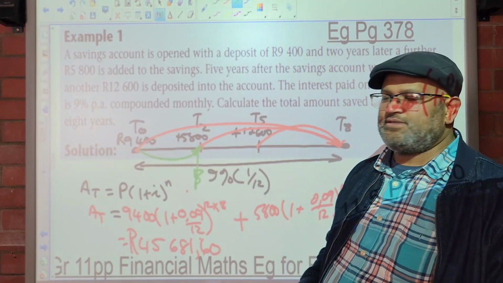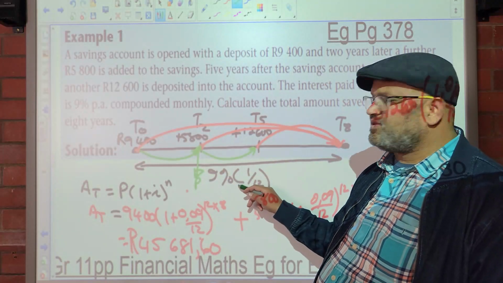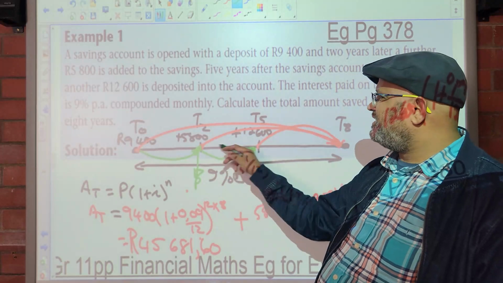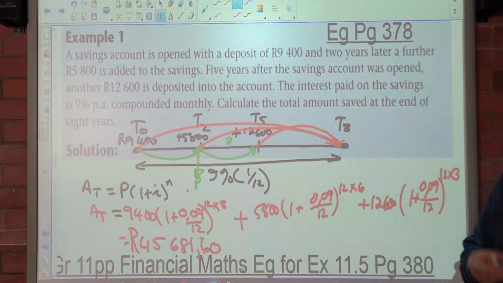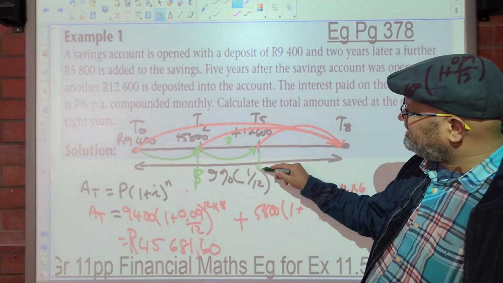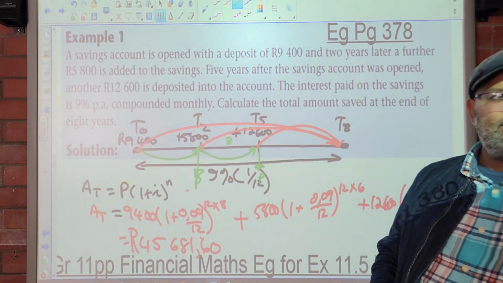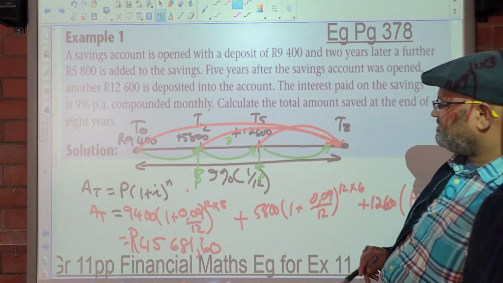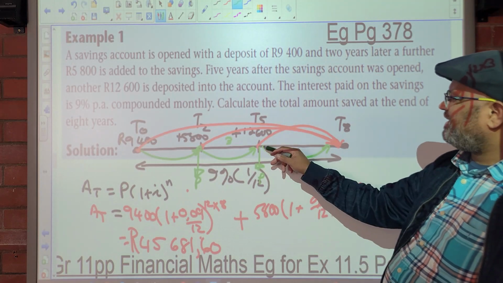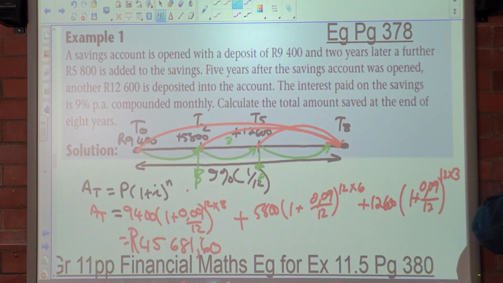Then that answer into (1 plus 0,09 over 12) to the exponent 12 times 3 years. With that answer, I add 12,600, which now becomes your p-value. Use that answer into (1 plus 0,09 over 12) to the exponent 12 times 3 years. And that's how we would calculate it. It's a lot more calculations than what we have completed here.